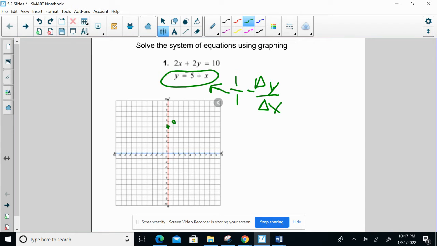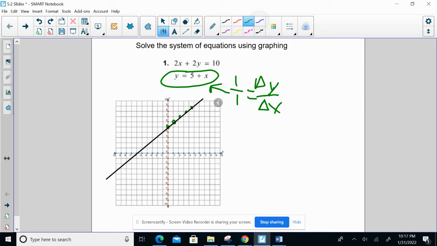Plot a point. Something like this. And I'll use my line tool then. Now, that's not perfect, but see if I can straighten it out a little bit. It's a little bit better. Okay, so the slope there for that one is 1 over 1.